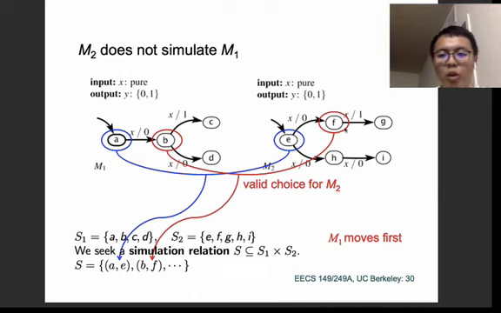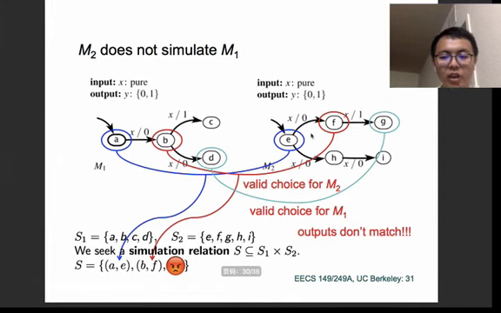But M2 only has one possibility to go, which is G, and M2 cannot produce output 0 at state F. So M2 lost the matching game, right?